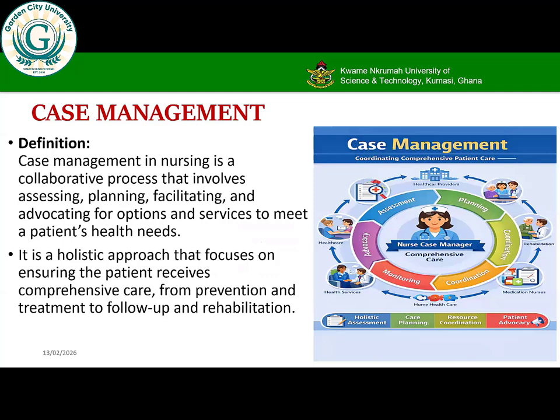So the nurse case manager is a collaborative process that involves what? You need to assess the patients, like the nursing care plan, assessment, the nursing process, use the nursing planning, facilitating, and advocating for options and services to meet a patient's health needs. So that is case management. This one, you plan, you coordinate care, you monitor, you advocate. So you start from the assessment, then towards the.